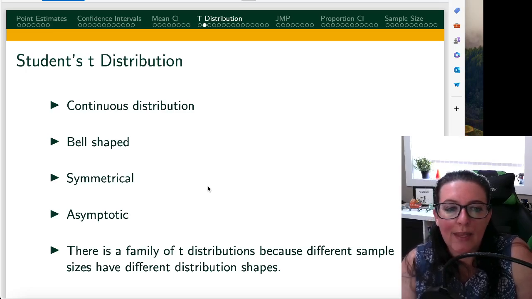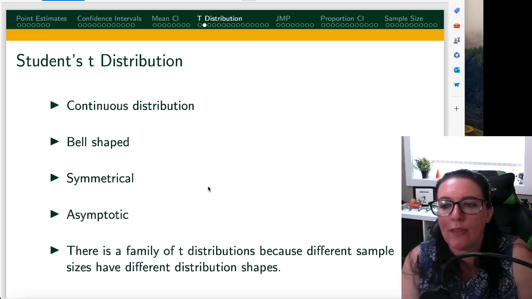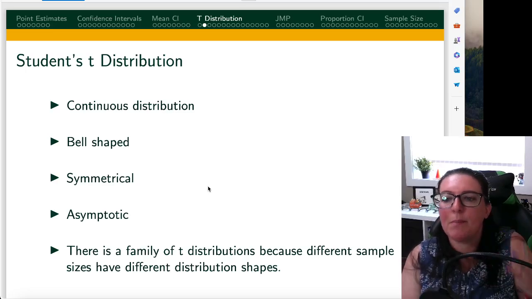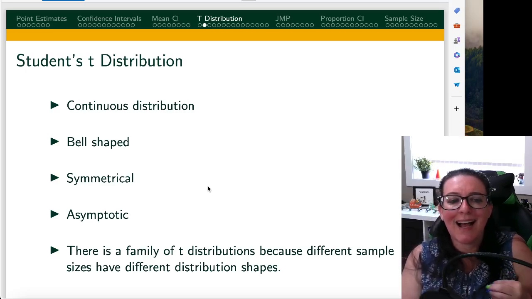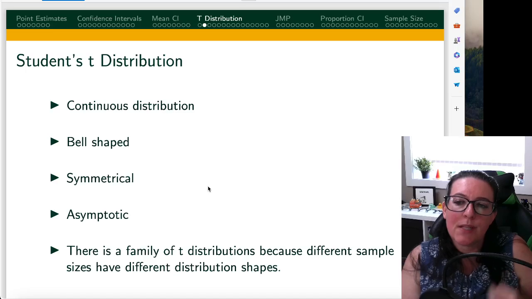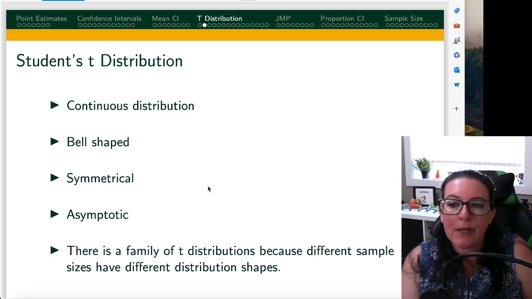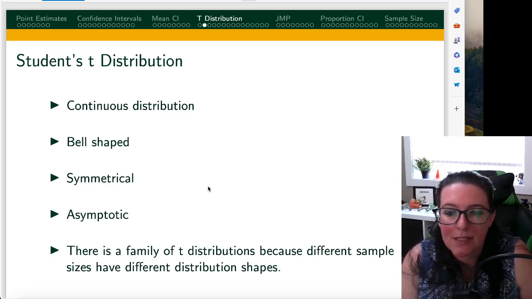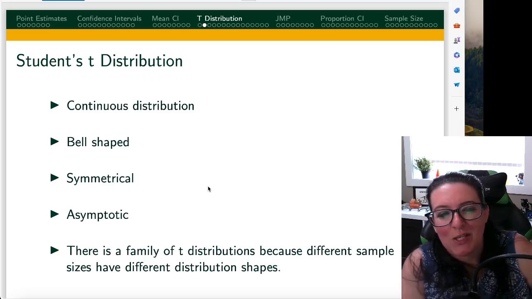Gosset worked for the Guinness Brewery Company in Dublin, and his job was to make sure that the beer had a consistent taste, so every bottle of Guinness tasted the same. However, Gosset had small samples, so the central limit theorem really couldn't come into play. Another researcher at Guinness had previously published a paper containing trade secrets of the Guinness Brewery.